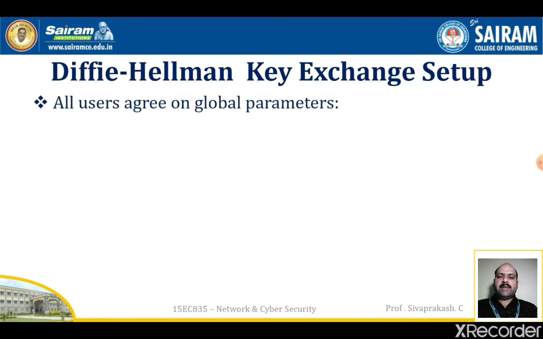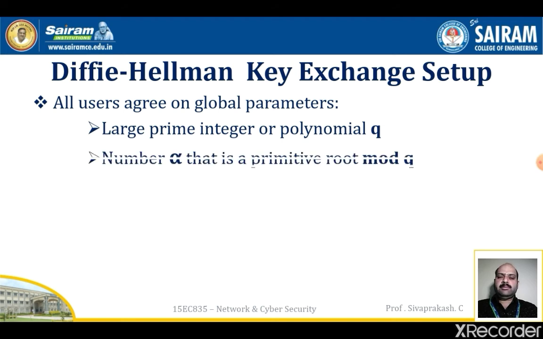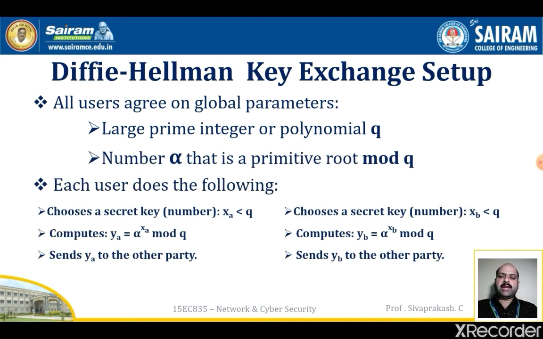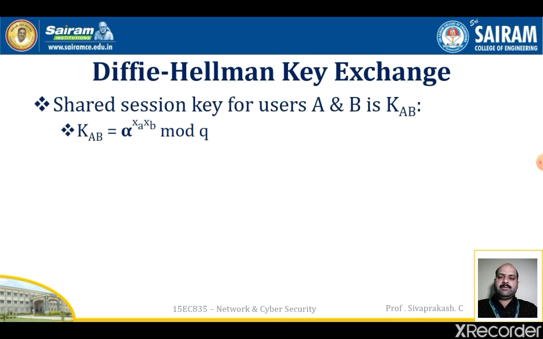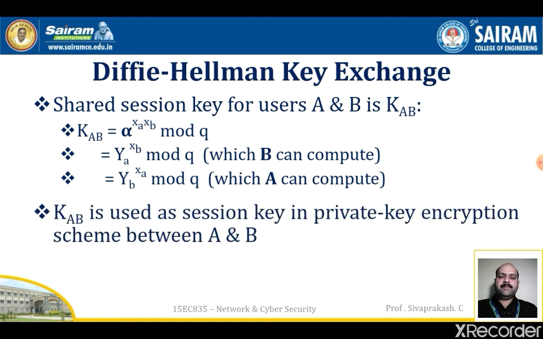The same can be explained in text form. Choose a large prime and a primitive root, and both choose their private key and calculate the public key. With the help of that public key, they calculate the shared session key. Finally, the shared key Ka is equal to Kb. Both are the same.